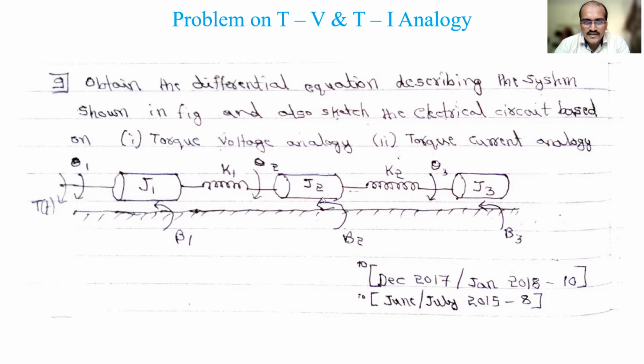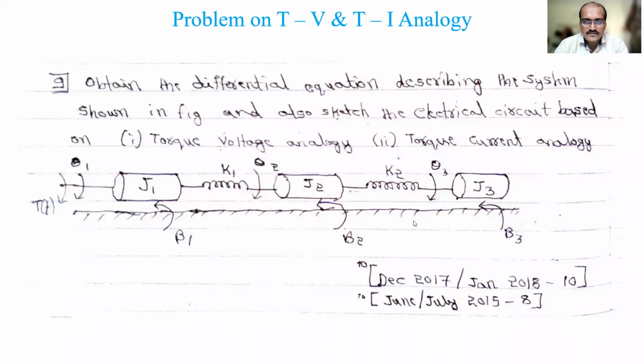At theta 2, you have J2 and its friction B2. Then between theta 2 and theta 3, K2 is there. At theta 3, you have J3 and B3. So simple. Each place has two elements in common. This is like a unique problem.